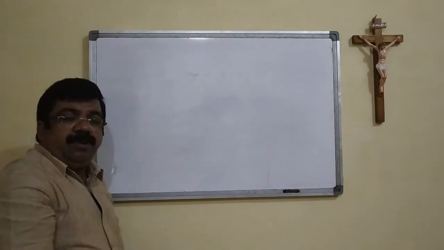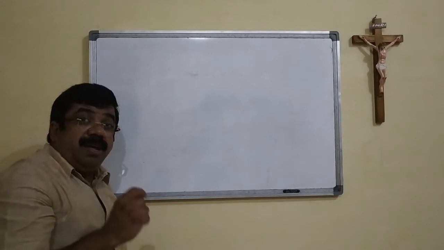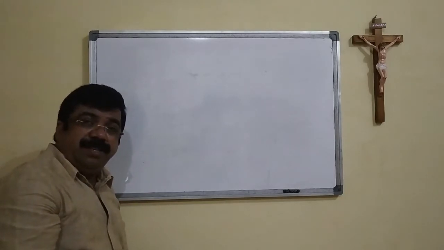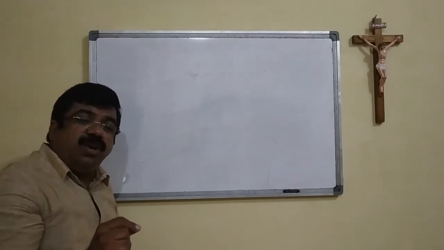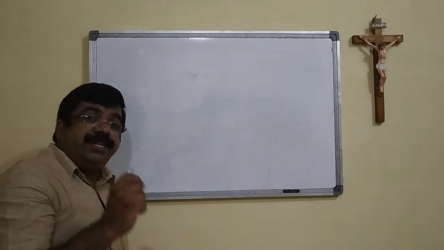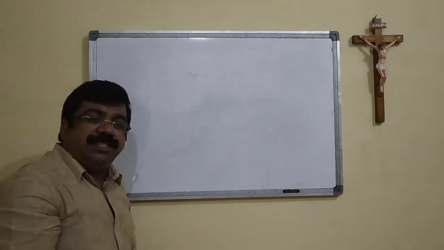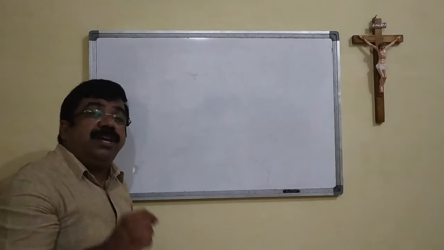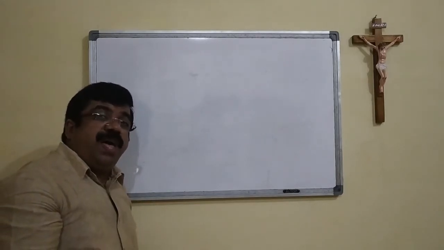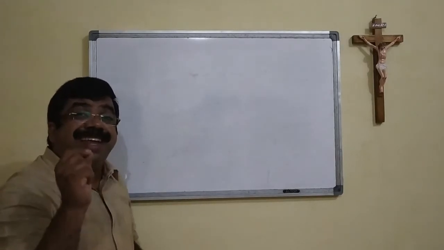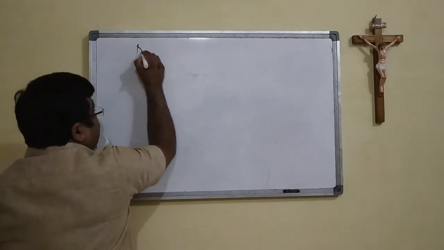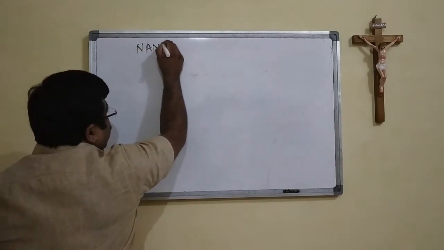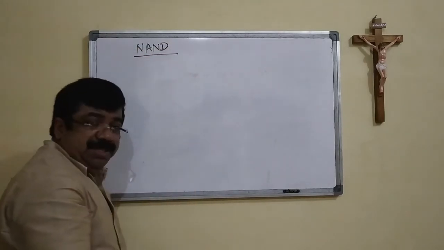Okay. Next we are going to see the NAND gate. NAND gate is a combination of the AND and the NOT gate. If you add a NOT gate at the end of the AND gate, it becomes a NAND gate. This is known as a universal gate.